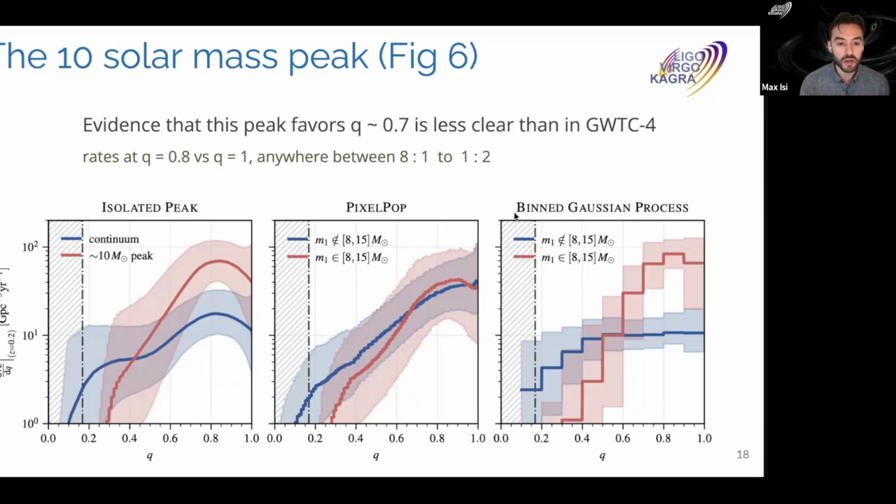So that would mean that systems in this peak with primary mass of around 10 would preferentially merge with slightly lighter systems, so that the ratio would be 0.7 rather than 1.